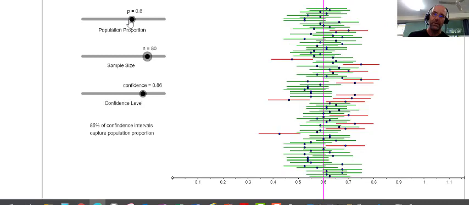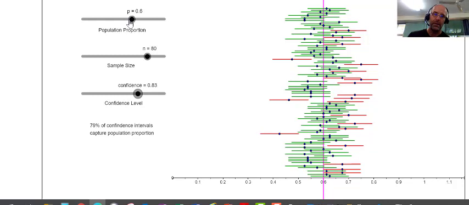I'm just going to leave the sample size there alone, but the confidence level is what I want to show you. So we look at, you can see the blue dots here, which are basically the sample proportions for each of the samples, and the lines, whether they're green or red, are the confidence intervals.